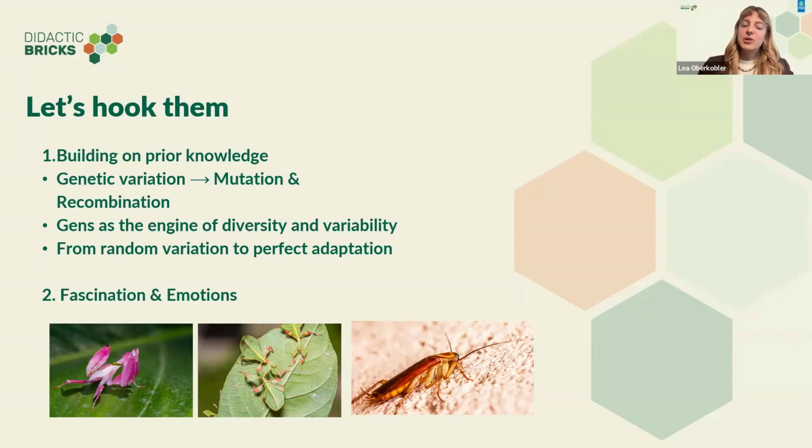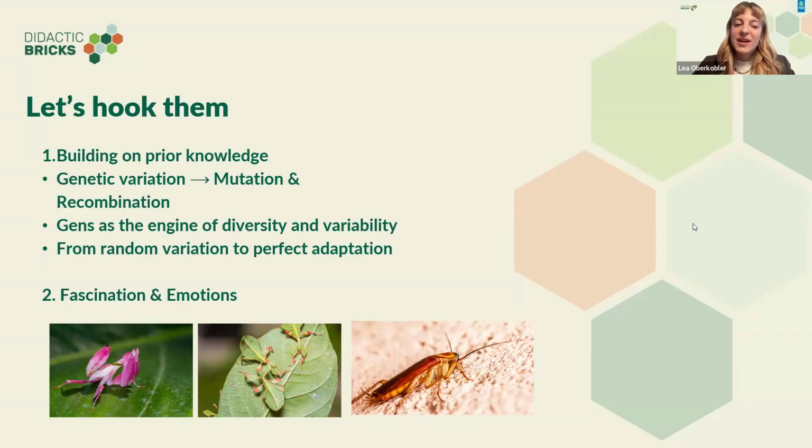And then we already built on prior knowledge they have, which is how could it happen that we have a species that is so adapted to its surrounding, because mutation, a lot of years, evolution, and voila, we have a stick insect that is almost not possible to see when you have other sticks lying around it.